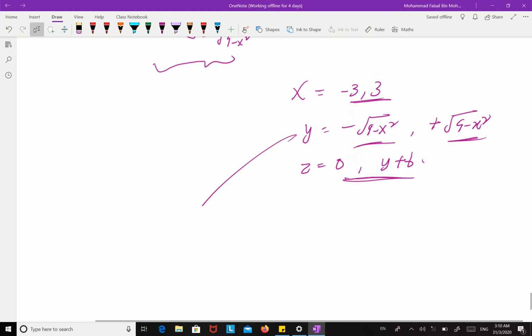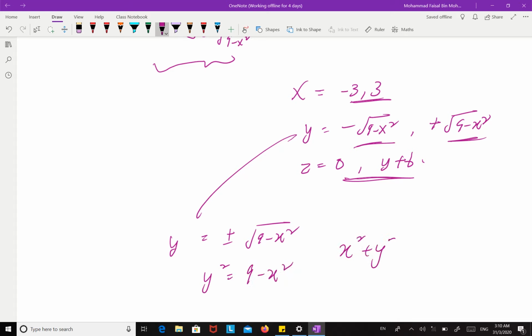Okay, from here, let's say I choose plus minus, as given. If I square both sides, I'll get x squared plus y squared equals 9, and this is nothing but circle with radius 3, and then for sure this is plus minus 3.